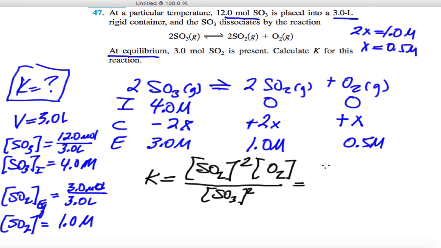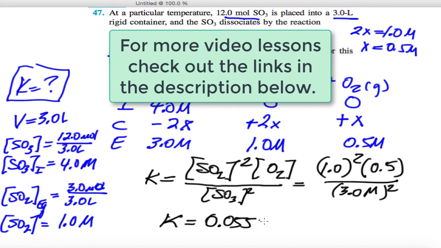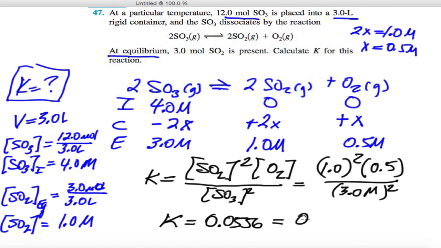In this case, I'm going to plug in 1. And when I do the calculation, put all of that into my calculator, I end up with a value of 0.0556, which if you use the significant figures, I have 3 and I have 2. I should have 2 in my final, 0.056. So that would be my value for K.